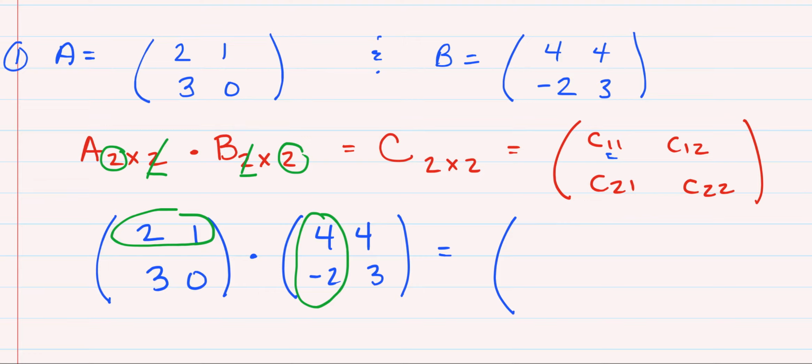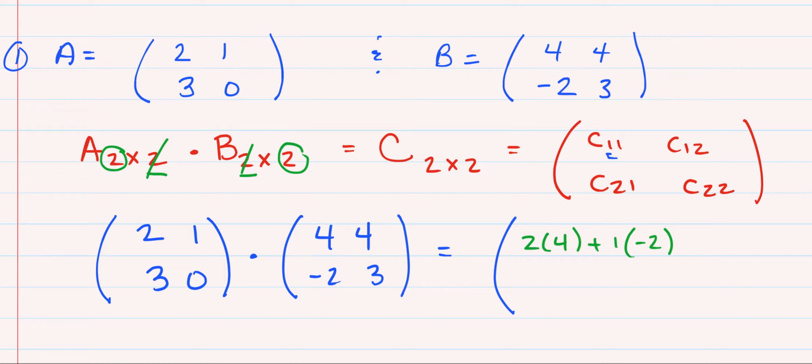Okay, how did we do this before? We said 2 times 4 plus 1 times negative 2. Add these together, that will be C11. Okay, let's delete this. Let's move over to C12.